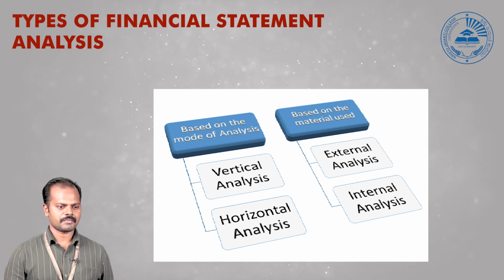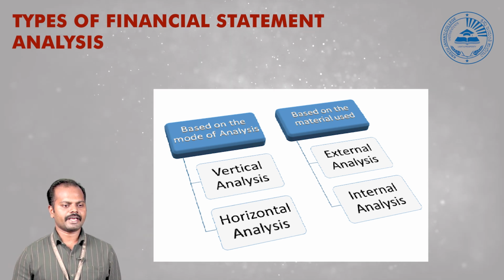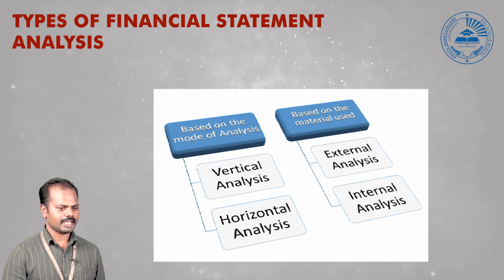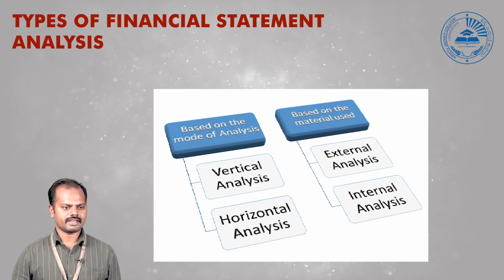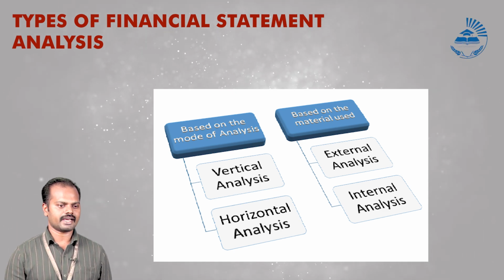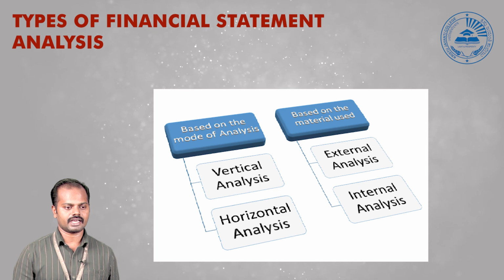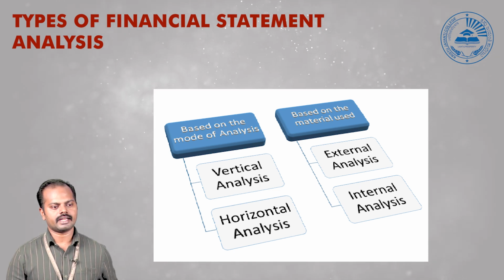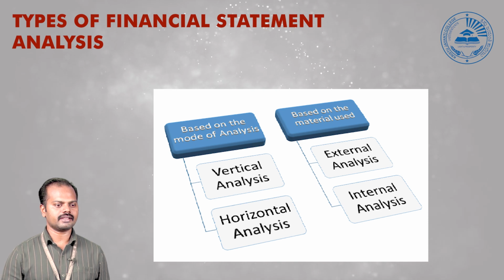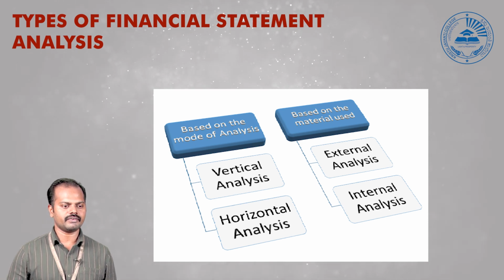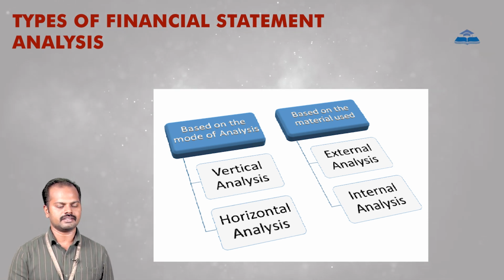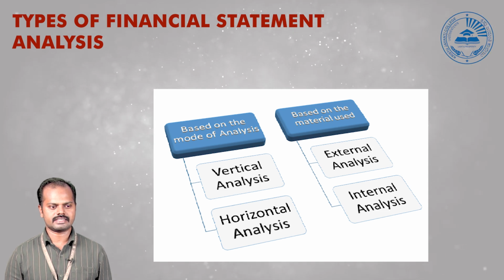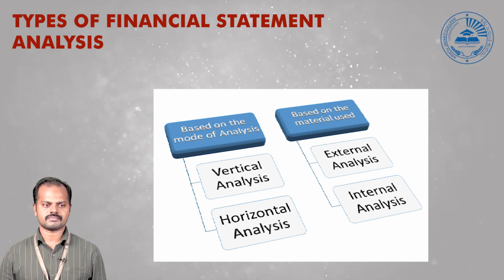For example, comparative balance sheet, comparative income statement, and trend percentage analysis are horizontal analysis. So they are comparing one year's statement with the previous year or another year, and we can say it is a horizontal analysis.